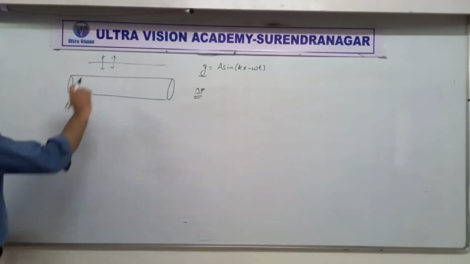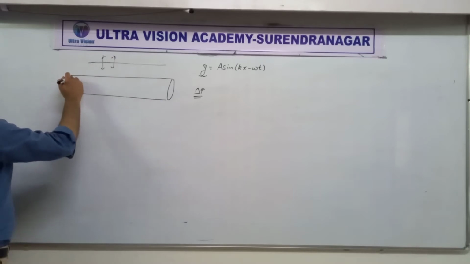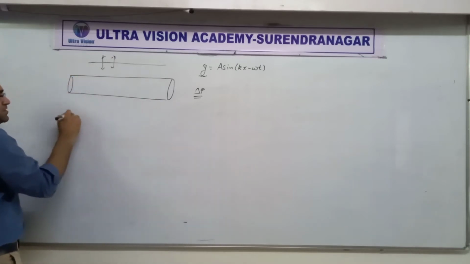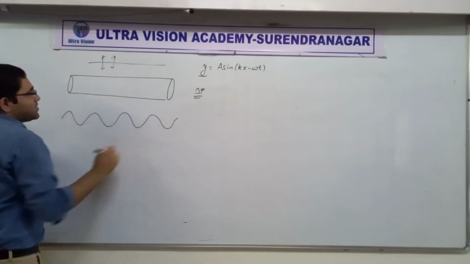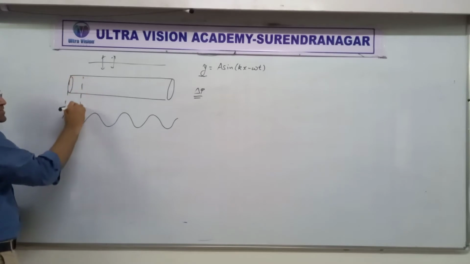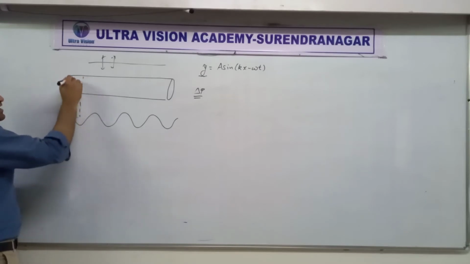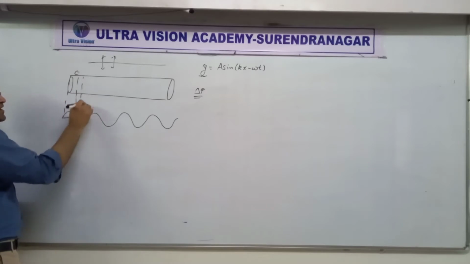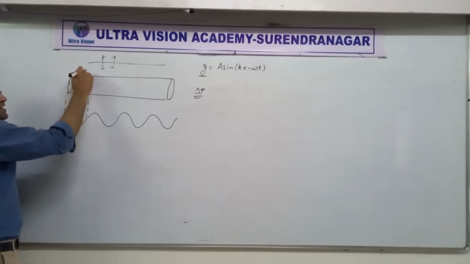So once again, making it clear, if you draw a graph of the change in pressure, then the graph is like this. What this means is that there are alternate regions of compression where the pressure is high, followed by rarefaction where the pressure is less.